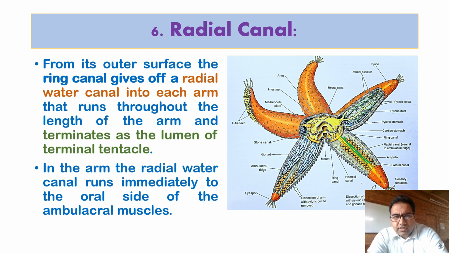From its outer surface, the ring canal gives off the radial water canal into each arm. The radial canal leads to each arm, and it terminates as the lumen of the terminal tentacle. In the arm, the radial water canal runs immediately to the oral side of the ambulacral muscles.